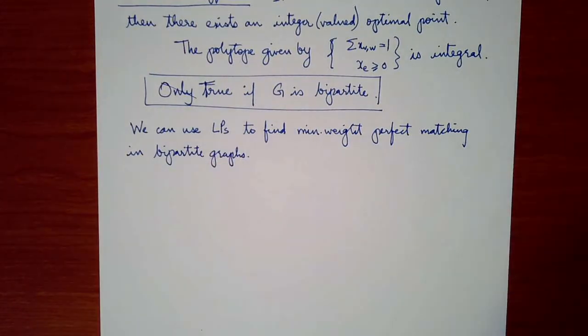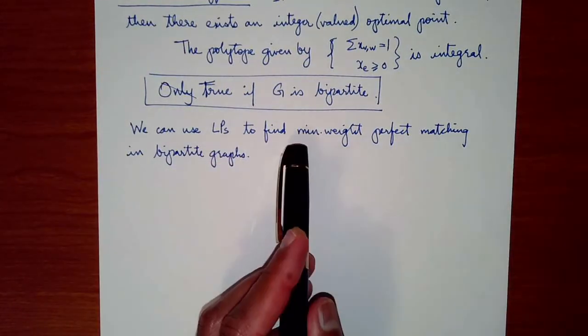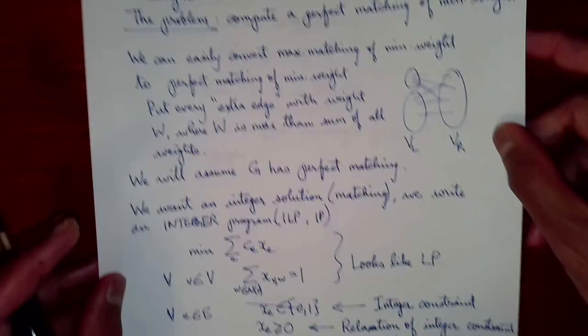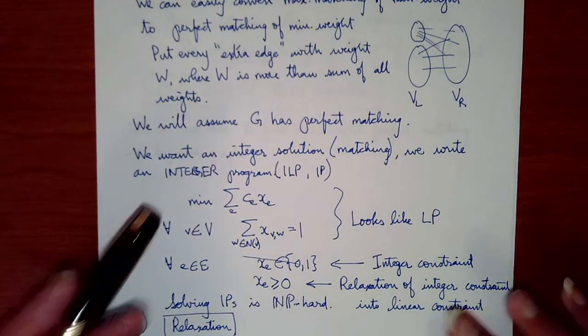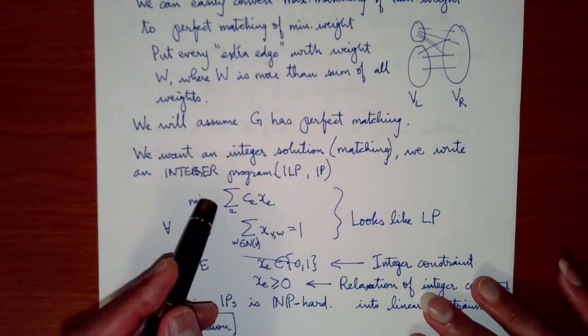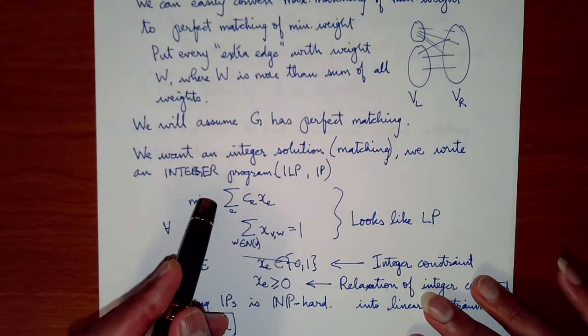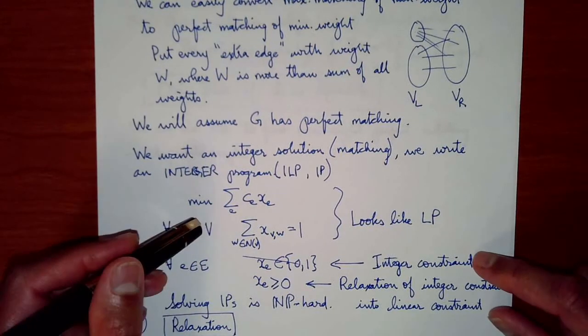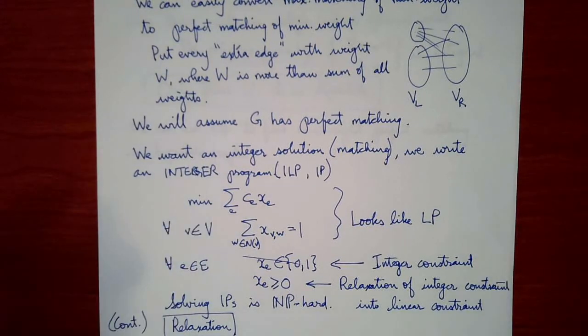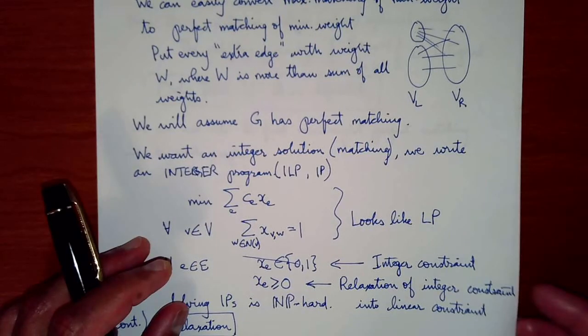What is nice is you can even do maximum weight perfect matching, right? Because you can replace the min by a max and you still have a linear program. Indeed, you can give any linear constraint that you want over here and this problem is still solvable. Any linear objective. So it can be a maximization, it can be a minimization. So this is a very powerful statement.